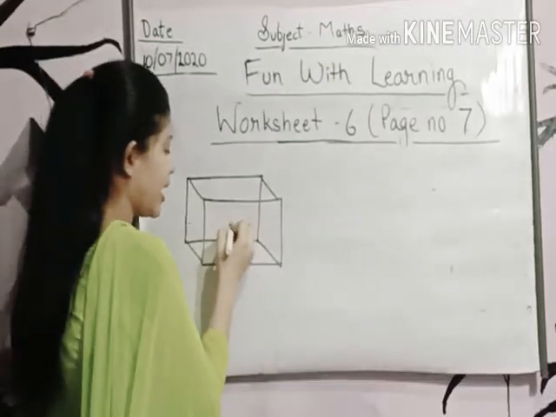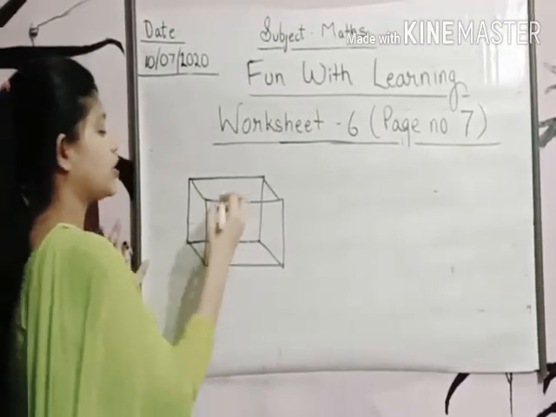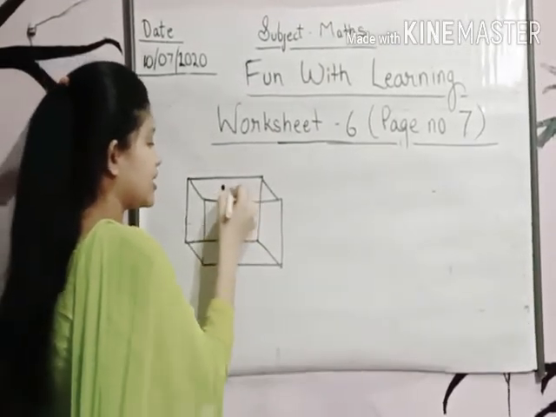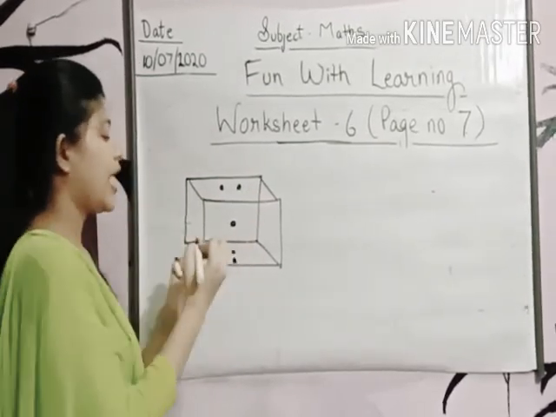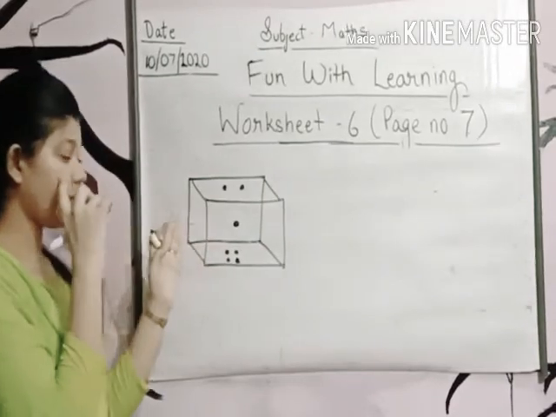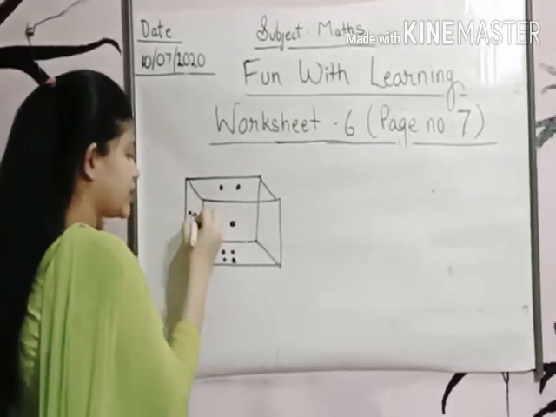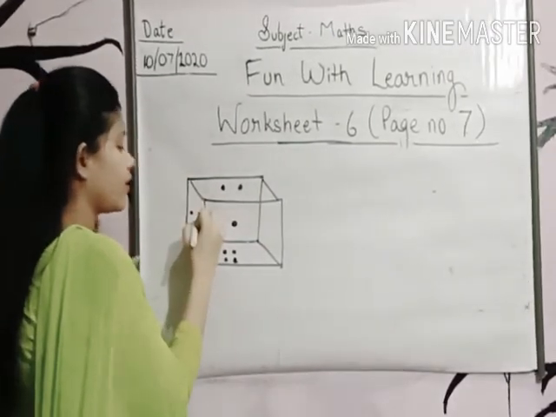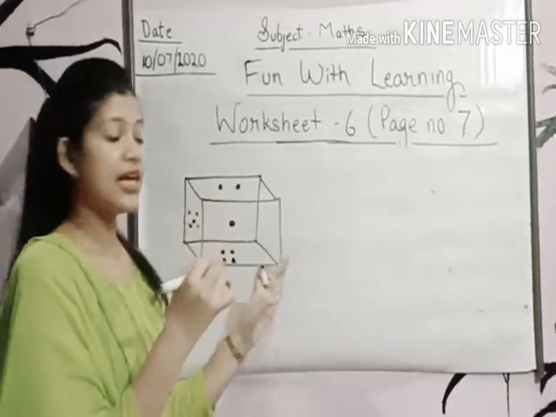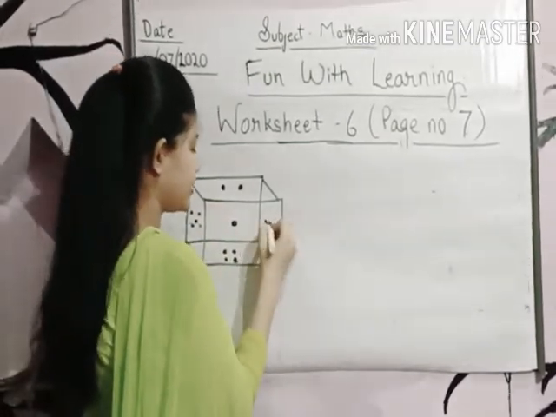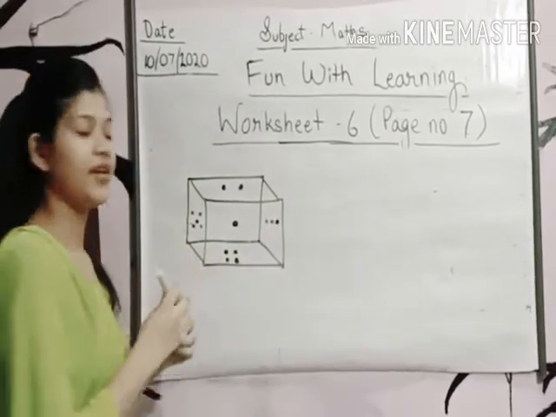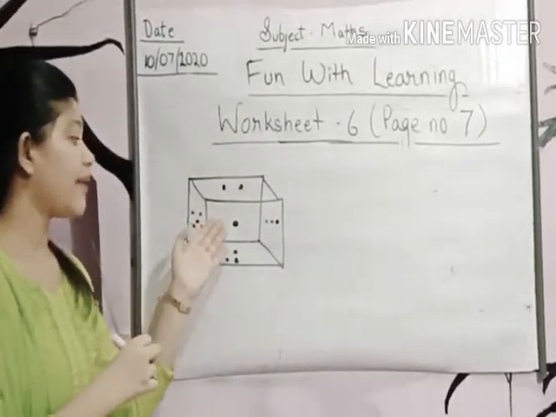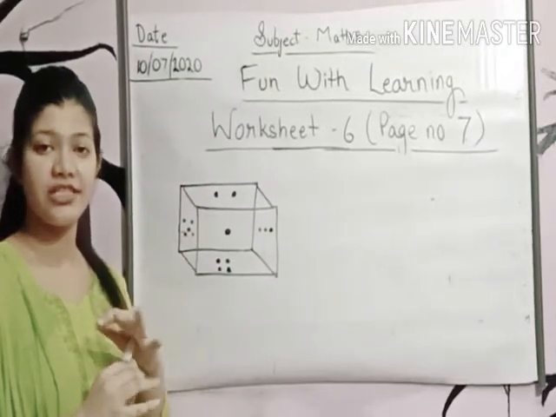Now, at one side there is one dot. At another side there are 2. At the back of 2 there are 4 dots. At the left side of 1 there are 5 dots. And at the back side of 5 there are 3 dots. Okay, now see, at the back of 1 will be 6 dots.